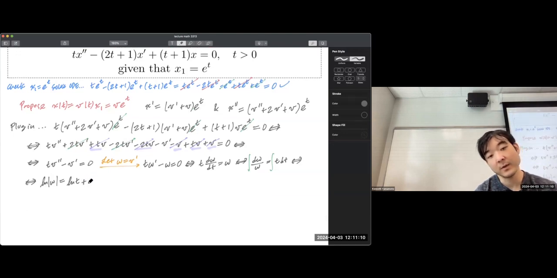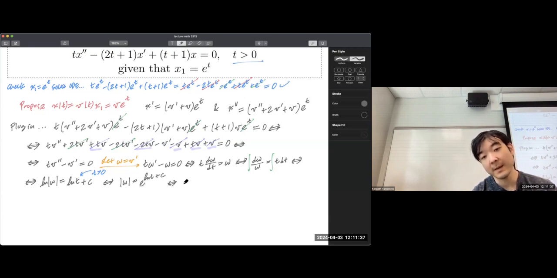And then we'll have plus c because there are integration constants from both that you can consolidate. I'll note that the absolute value of t is dropped because we're only looking at t greater than 0. So let's take the exponential of both sides. That's going to give us absolute value of w is equal to e to the ln of t plus c.